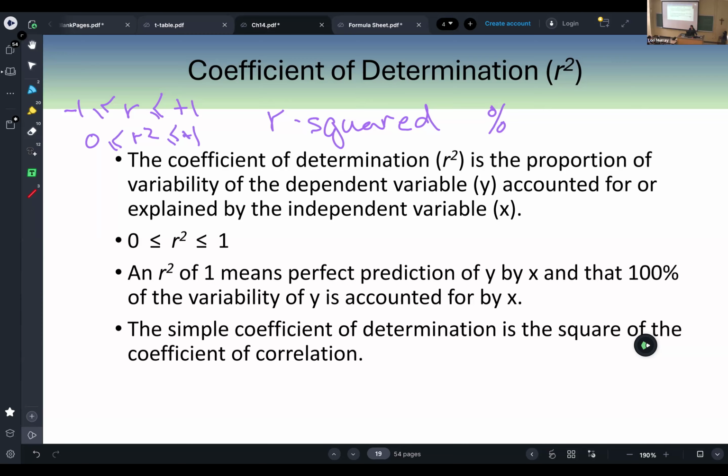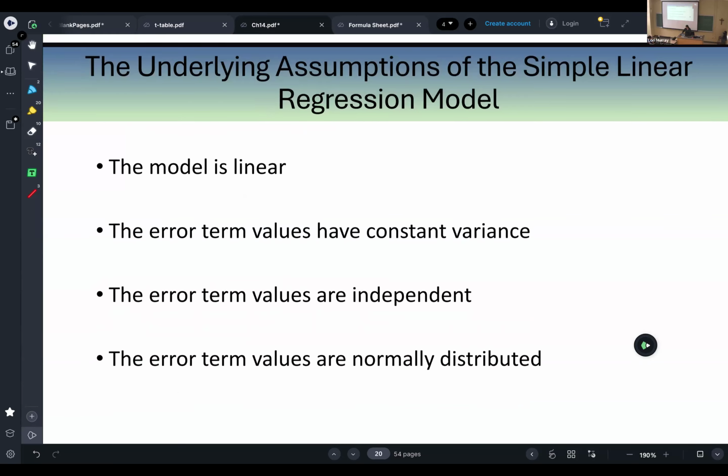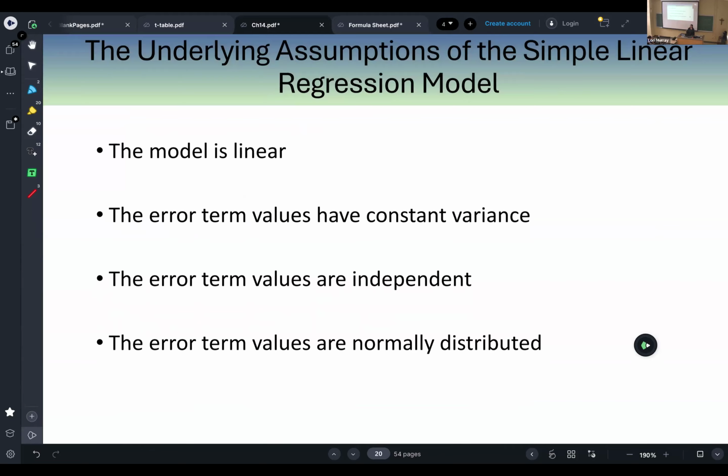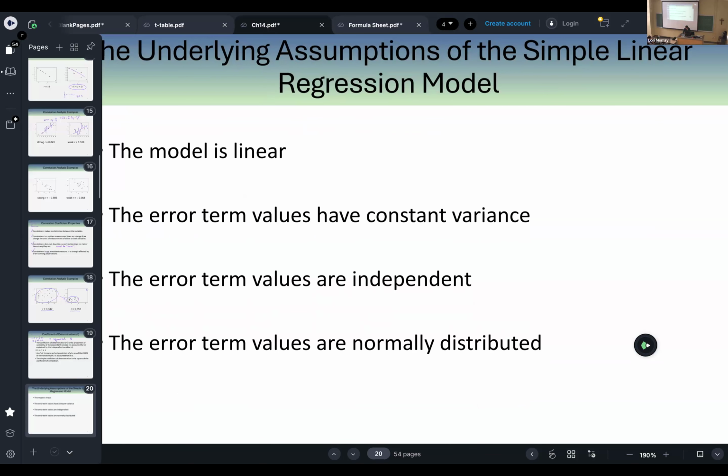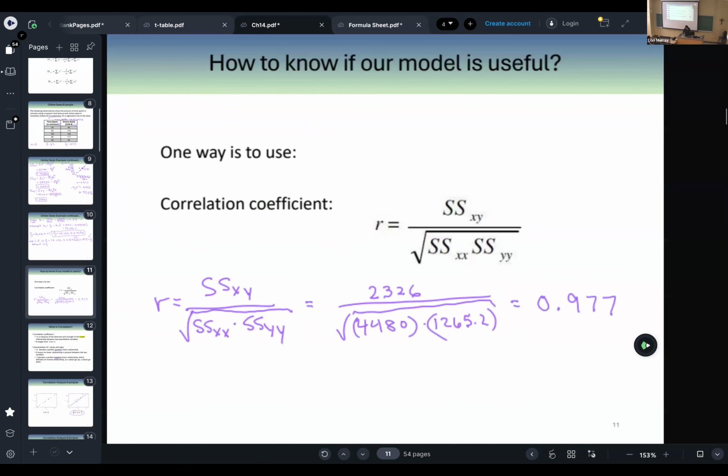A simple coefficient of determination is the square of the correlation coefficient that we know. And we calculated those with our example, right? Just to show you, let's go back up. We did that right here.